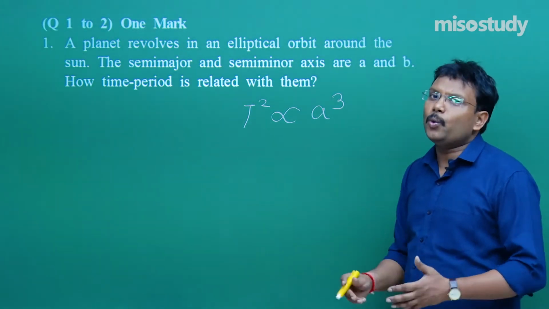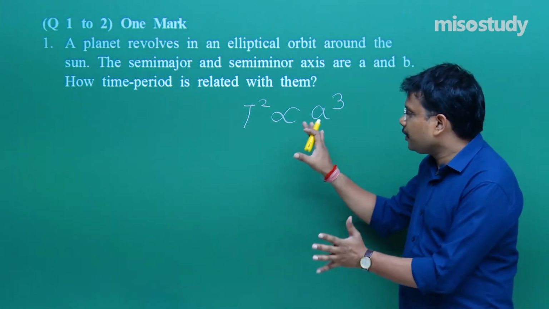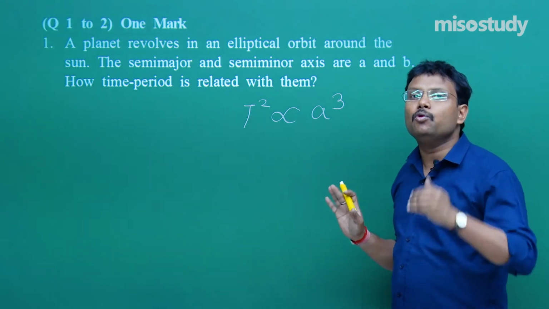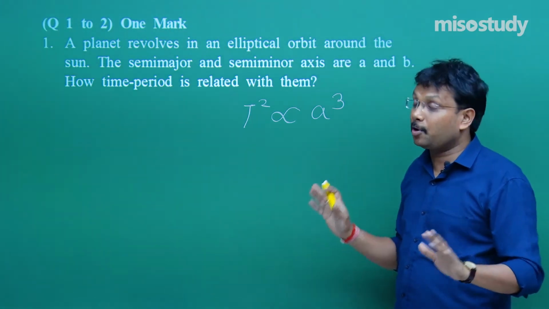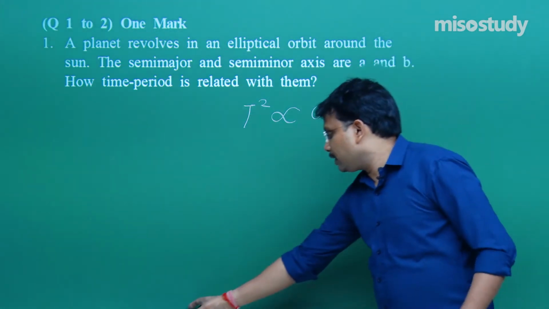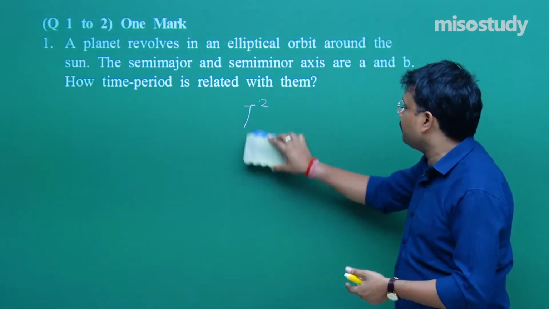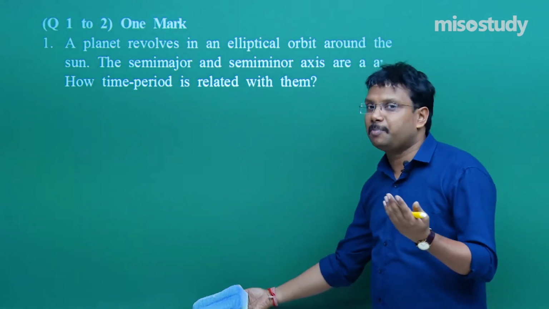This formula we are well aware of. After writing this much, you can move on to question number 2. Nothing else is required because over here it is only for 1 mark. But for your understanding, obviously I will give you some more explanation.